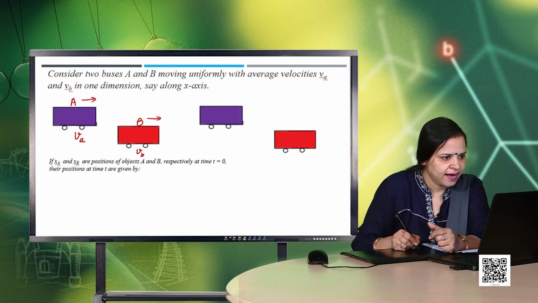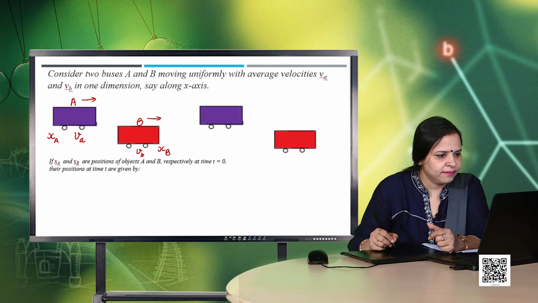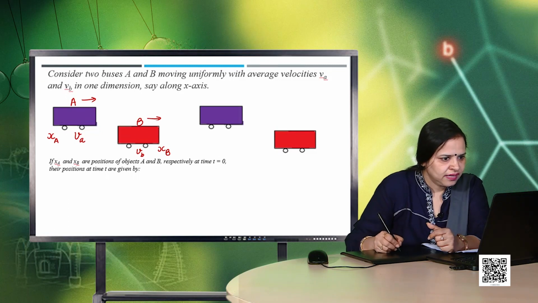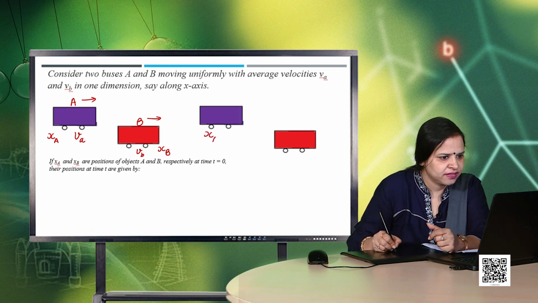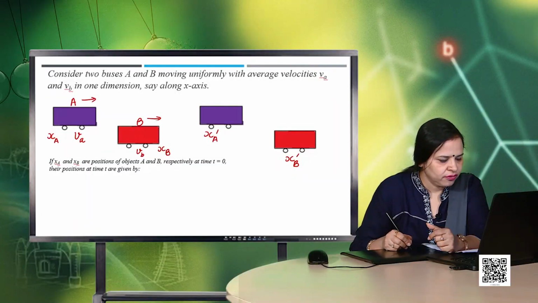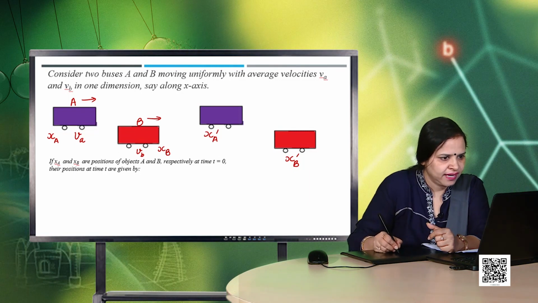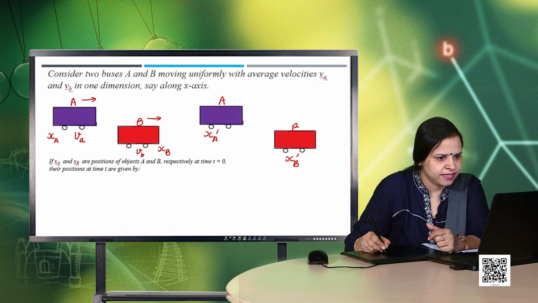Suppose initially at time 0, the position of bus A is XA and the position of bus B is XB. Now, after time t, suppose these buses are at the positions XA dash and XB dash. We can write down the equations for the positions of the two buses A and B after time t.